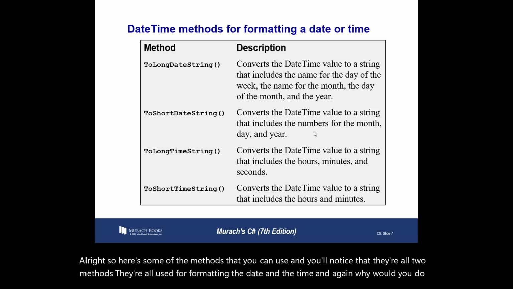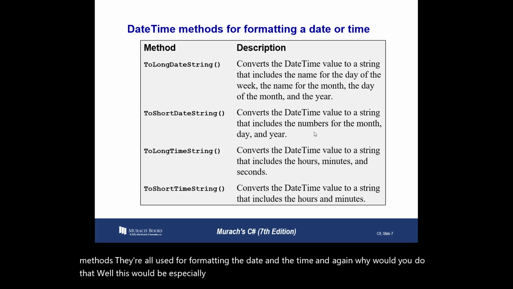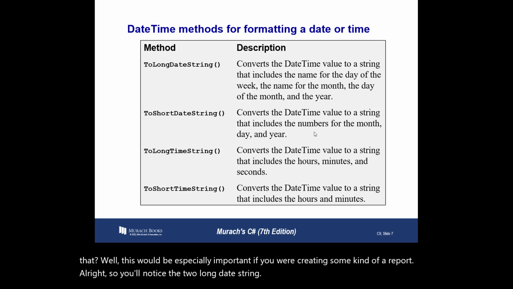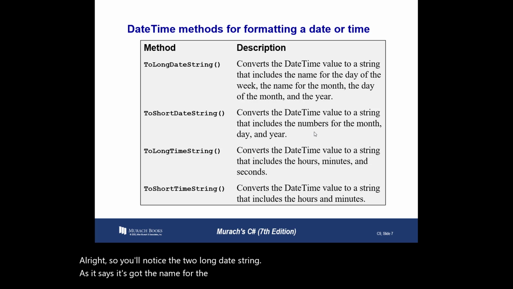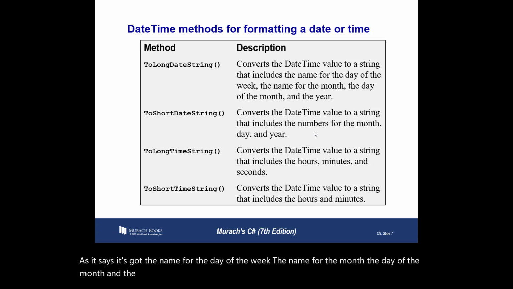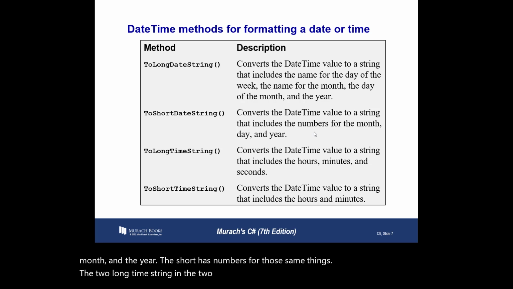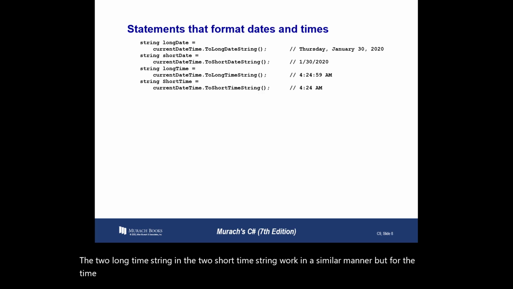Well, this would be especially important if you were creating some kind of report. The ToLongDateString, as it says, has the name for the day of the week, the name for the month, the day of the month, and the year. The short has numbers for those same things. The ToLongTimeString and the ToShortTimeString work in a similar manner, but for the time as opposed to the date. So again, here are some examples.